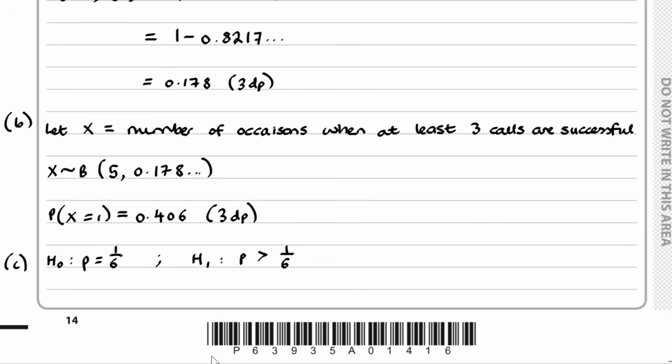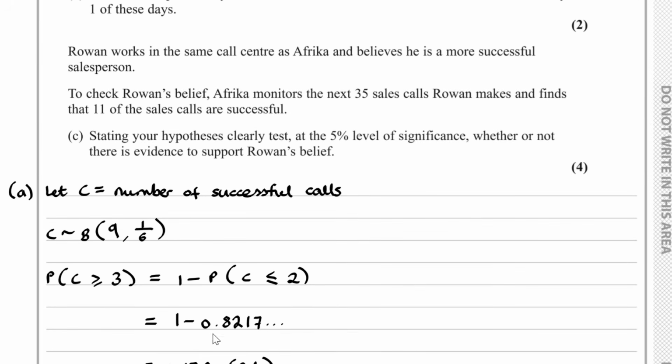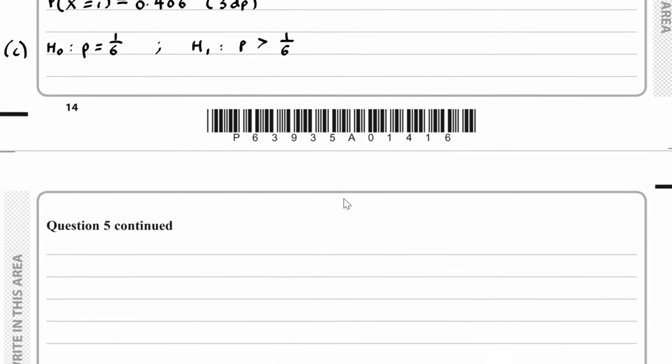So the way we can approach this is, if we think about it, we can find out the probability that there's 11 or more successful calls. And if that probability is greater than 5%, then we accept H0. So we first of all list our random variable.